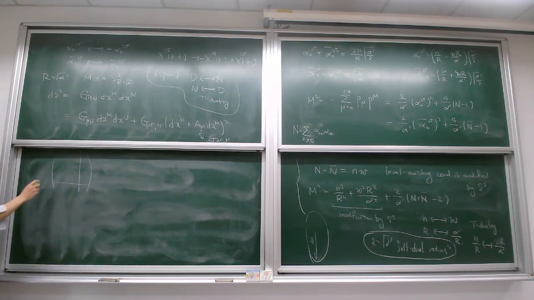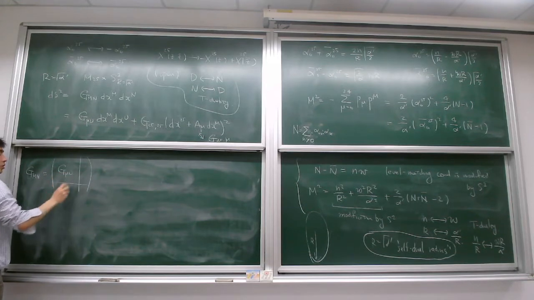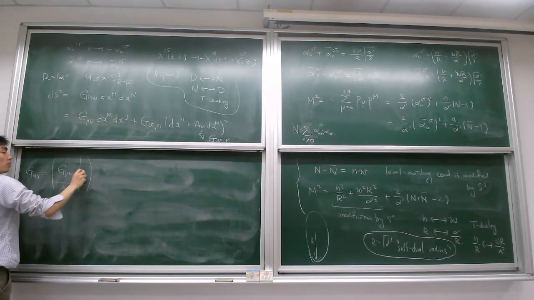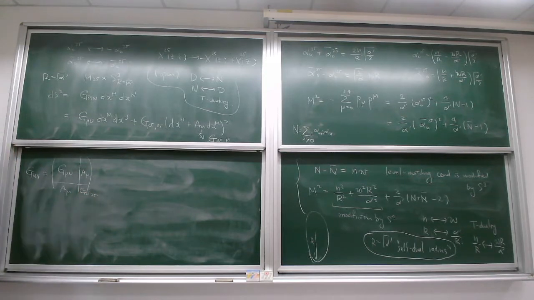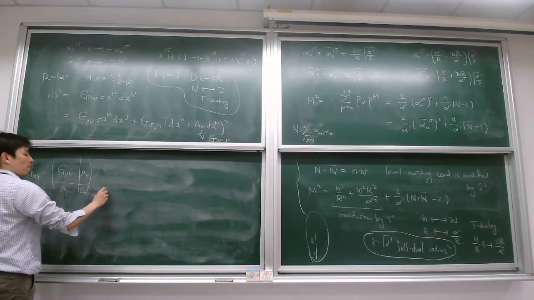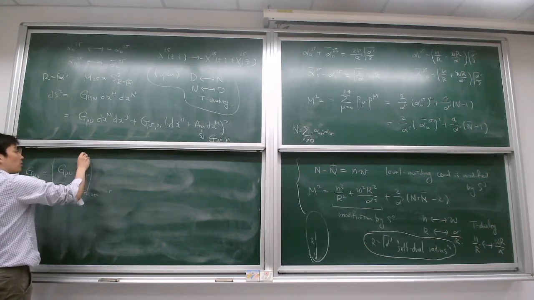So this is the G_MN metric, and I just decompose it into G_mu nu and G_25,25. That's what I did. This is the usual decomposition for Kaluza-Klein compactification. Of course this is the 25 direction, and this is the 25 direction.